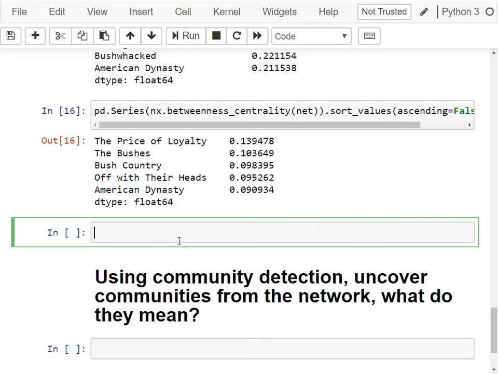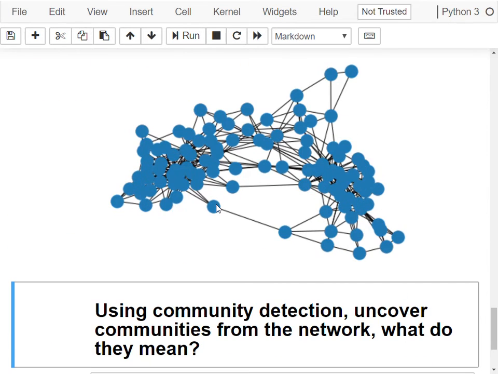Before doing the community detection, I'm just going to draw the network. And I'm going to draw it without labels because otherwise it will not show up, because there are so many titles here. If you take a look at this network, intuitively you will say, okay, probably there are 2 or 3 clusters in this network. There's this cluster of books, and there's this cluster of books, and there's this cluster in the middle, which is connecting them.